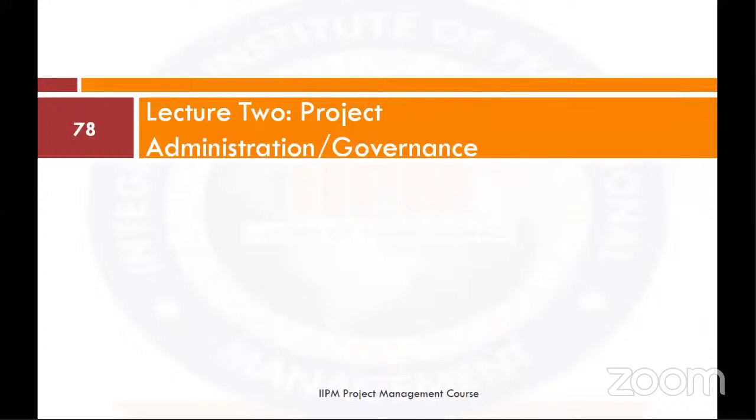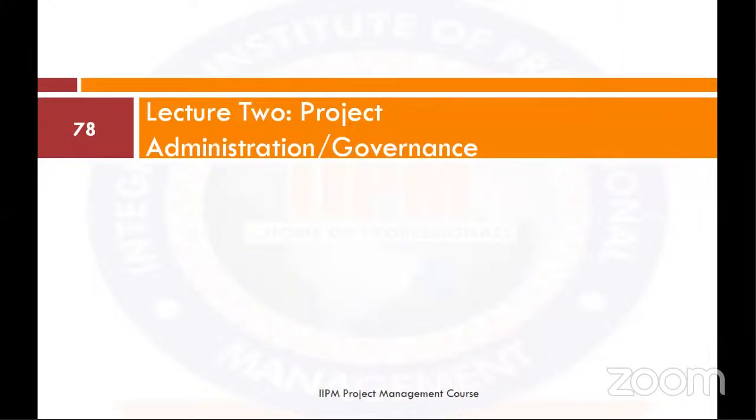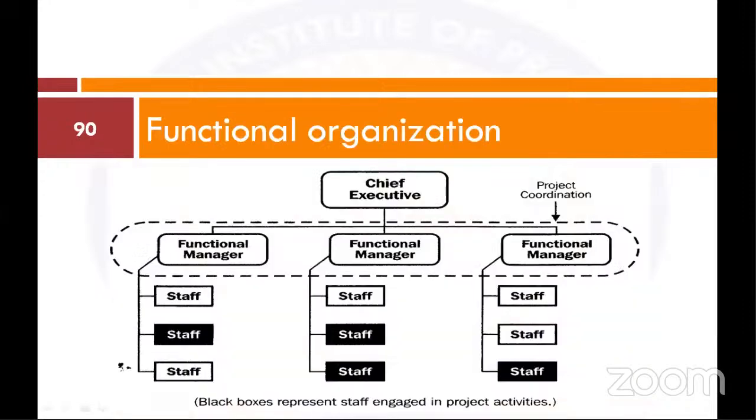Okay, all right, I'm seeing a hand up. Please kindly unmute. Let's hear from you. Sorry, Dr. Benito. I just want to find out, you're not sharing your screen. Is it deliberate? The only thing we've been seeing is lecture 2, project administration, stroke governance. That's the only thing we are seeing. I'm seeing something different too. I've been sharing my screen, not this way. We're just seeing other things now on the screen. Yeah, thank you for coming. The eyes of your understanding was covered. Now it has opened. Light has come.